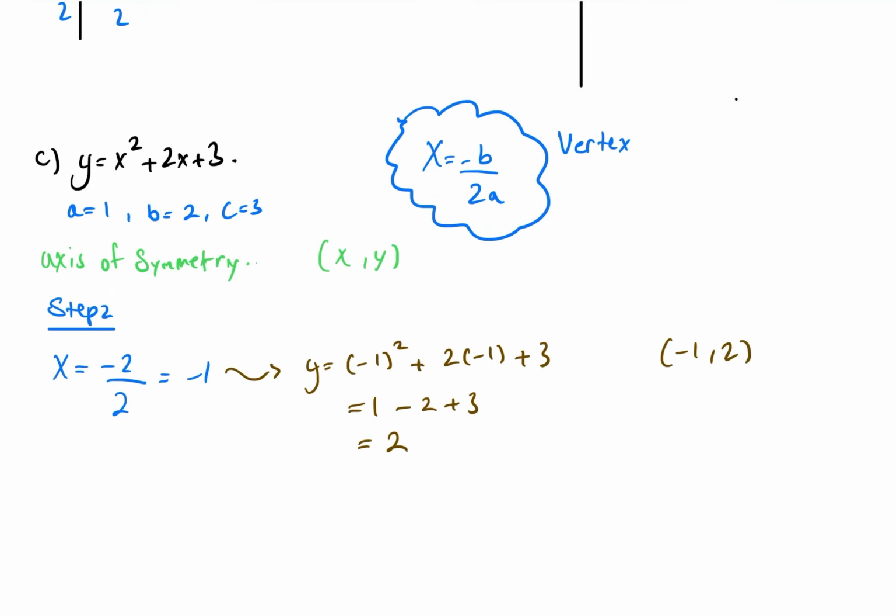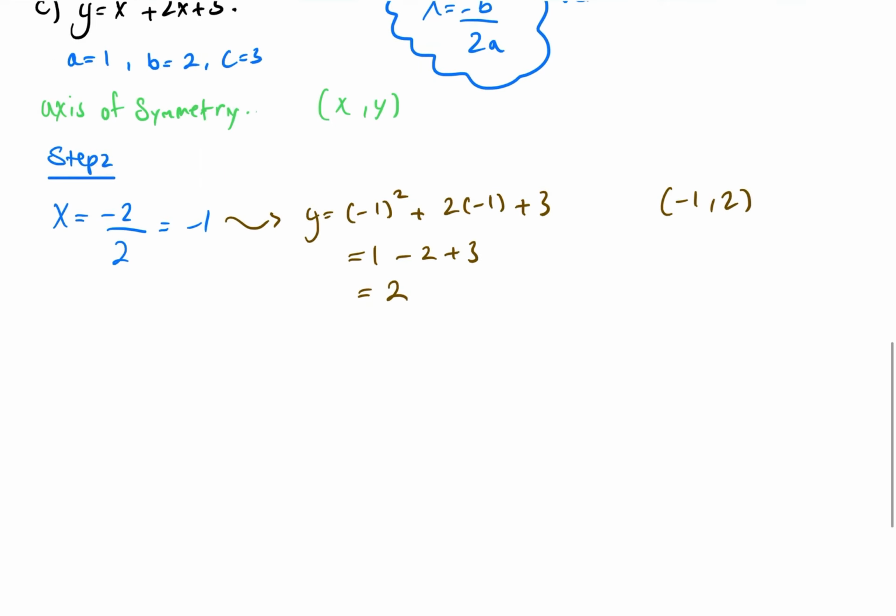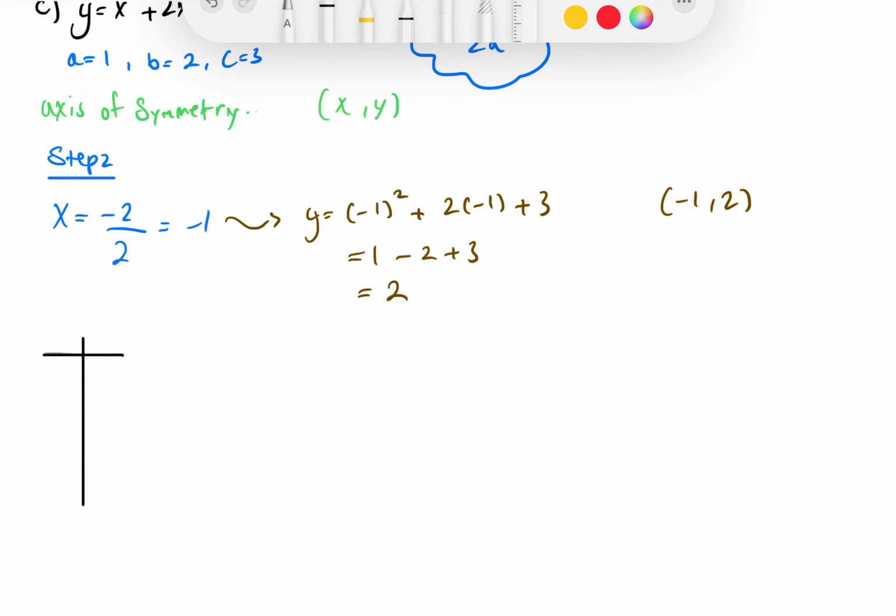Now, sometimes we can go a step further and find the x-intercepts, but I'm not going to do this over here. I'm just going to show you the third step, where you can use this to find the values on your table, right? So you've got x and y, you write the vertex, which is -1 and 2.